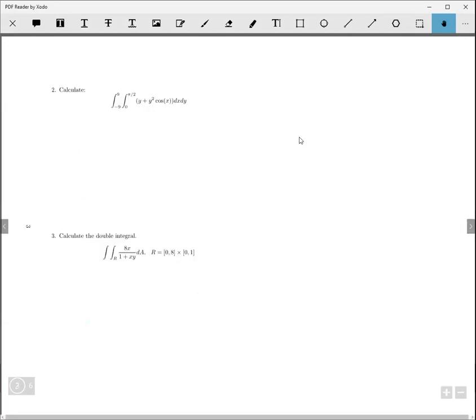The rest of them, we're going to calculate the normal way, what normal rules do.